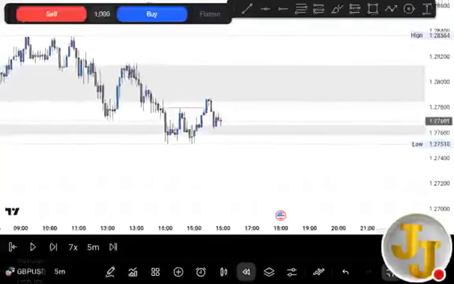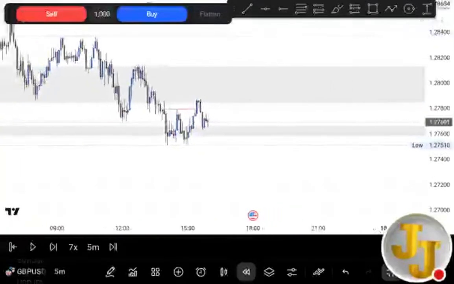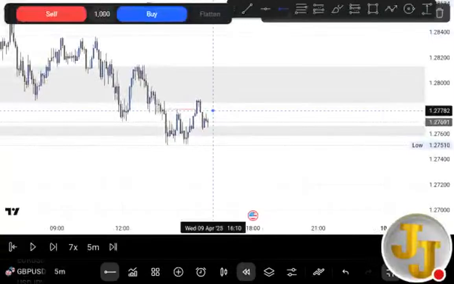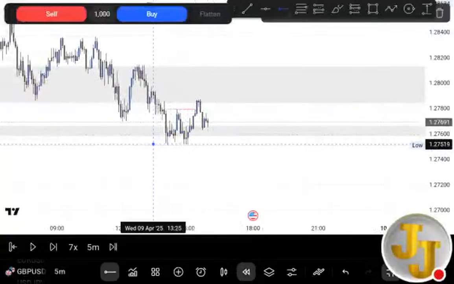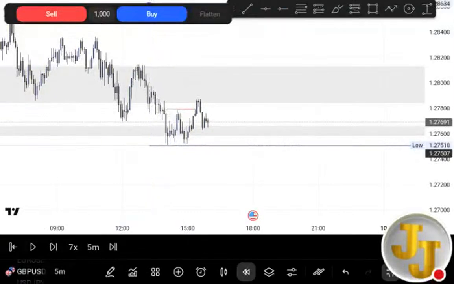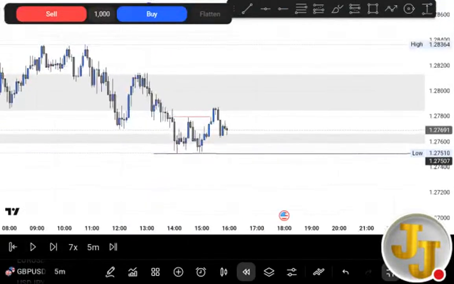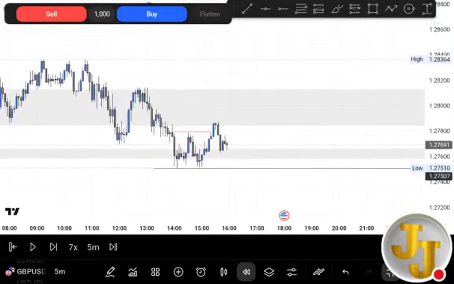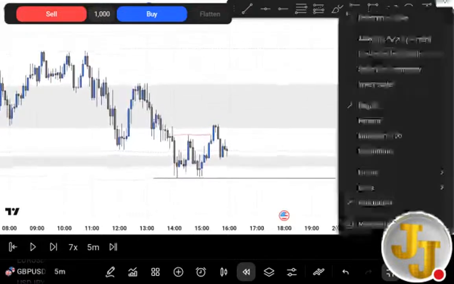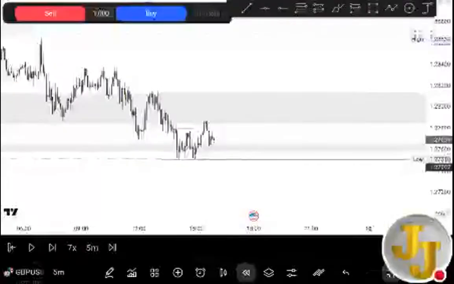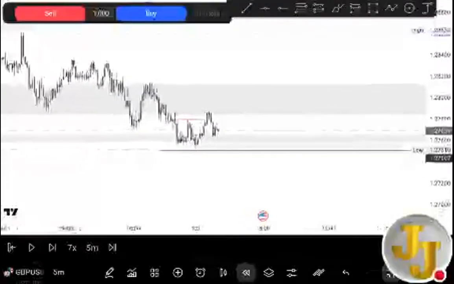Okay, so now you can risk this, though we also have some equal highs here, and you should not ignore them, guys, right? But for this, you can risk. This is a risky trade.